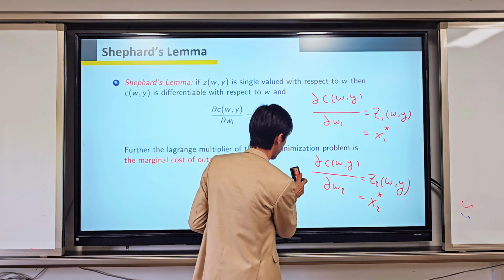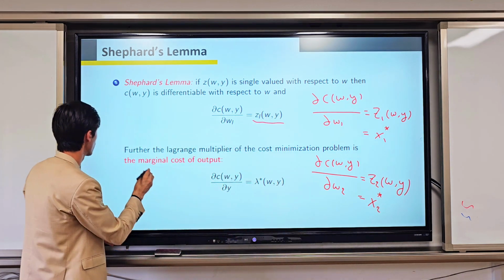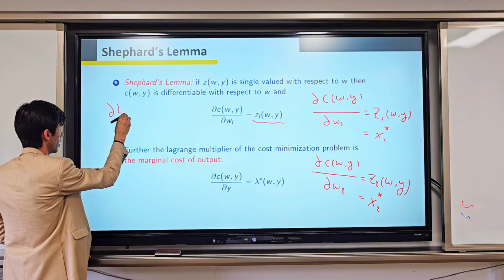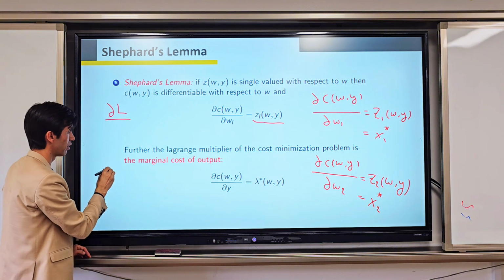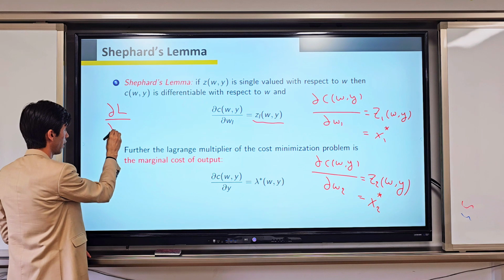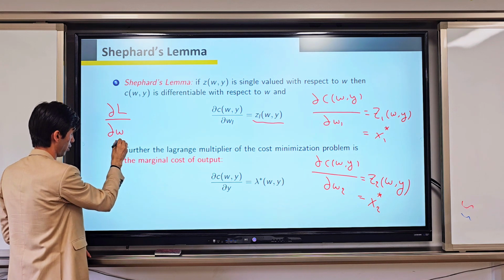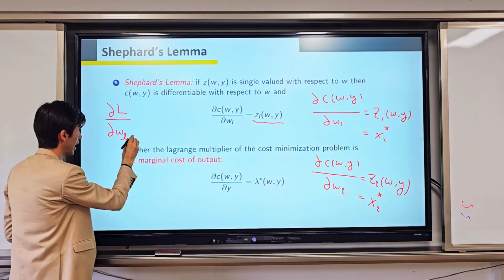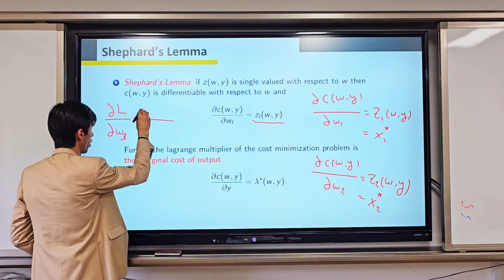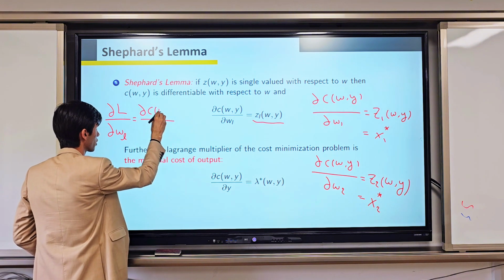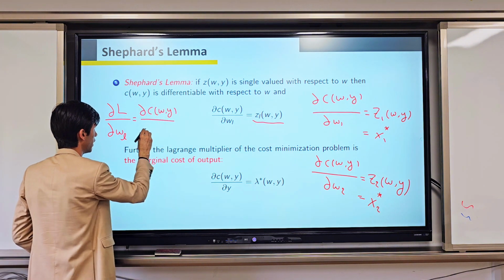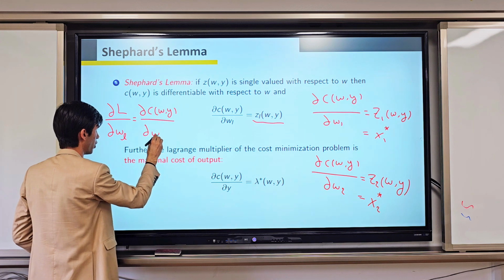So what does the envelope theorem say to us? When we take the partial derivative of a Lagrangian function with respect to W, for example some WL, it is equal to the partial derivative of this cost function with respect to that WL.